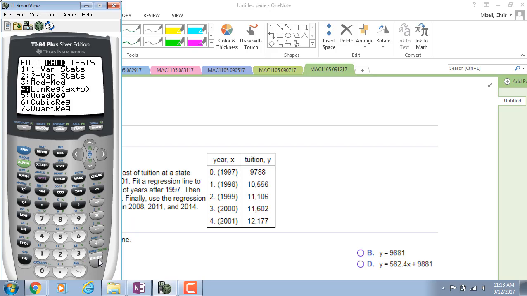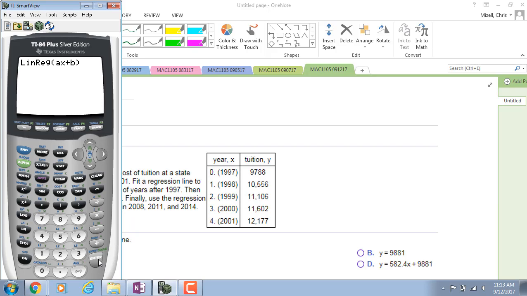Now, when I press enter, the screen on your calculator is probably going to look different from what mine does. Mine just says linear regression, and it expects me to press enter and then go. There's some additional information that I can tell it. I've got a bunch of lists, L1, L2, L3, L4, L5. One of those lists holds the x coordinates, and the other list holds the y coordinates.